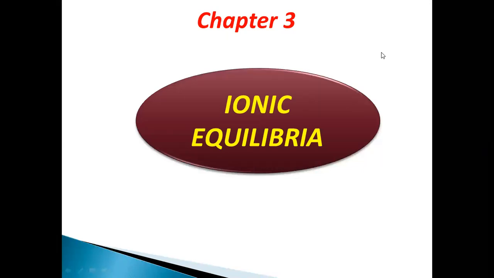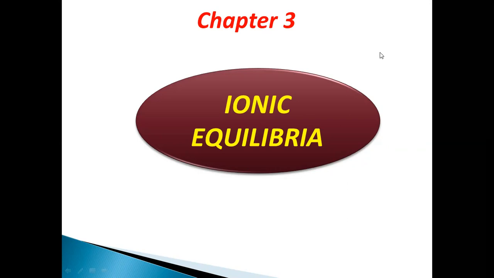acid is inversely proportional to the square root of concentration, or we can say it is directly proportional to the square root of its volume, right? In what amount of solution? In 1 mole of weak acid solution.